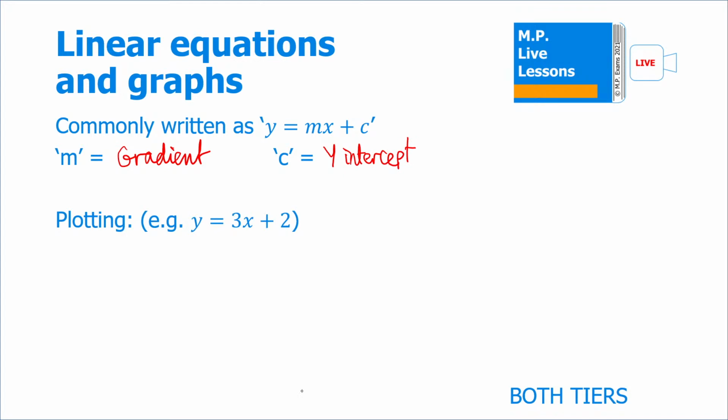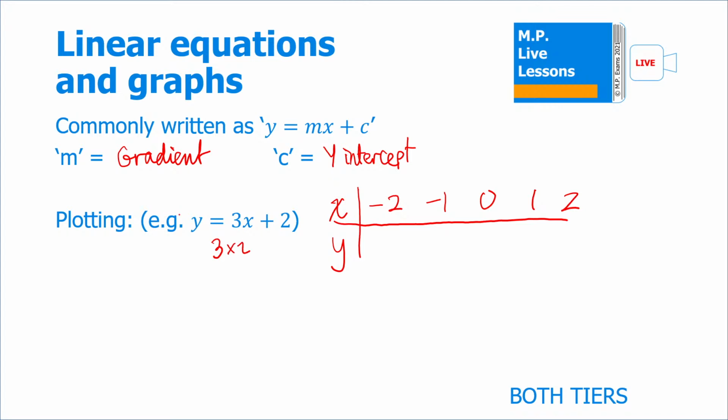And when we plot a graph, we'll have a table of values, so we'll have x and y like this. And you'll have a few values like -2, -1, 0, 1, 2. And to get the value for y, you get the value of x, multiply it by 3, then add 2. So for example, at 0, y would be 2.